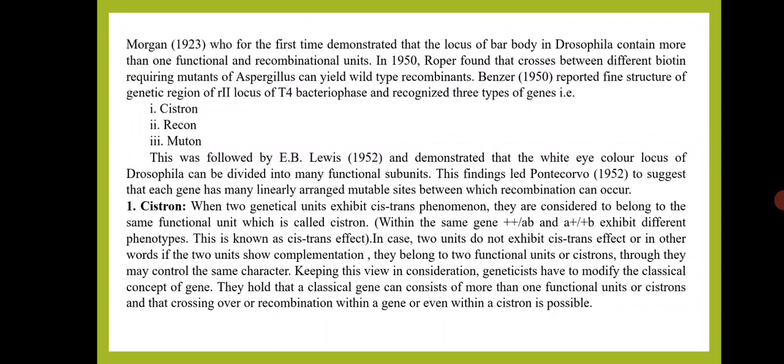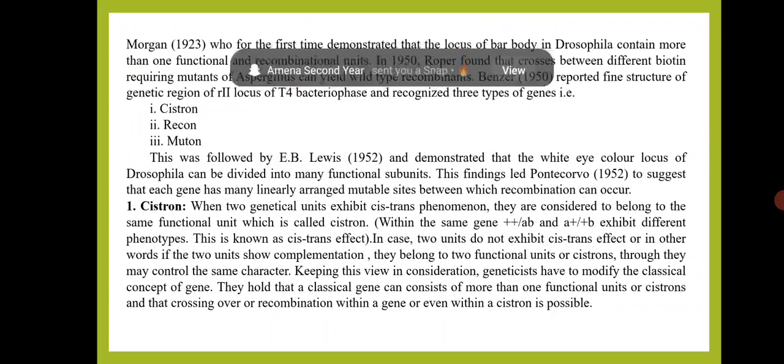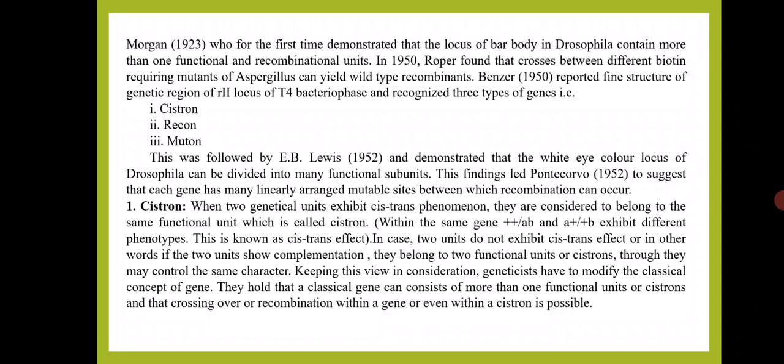In the year 1950, Benzer reported the fine structure of genetic region which was explained in the T4 bacteriophage, and recognized three types of genes: cistron, recon, muton, which was followed by E.B. Lewis in 1952, who demonstrated that the white eye color locus of Drosophila can be divided into many functional subunits.